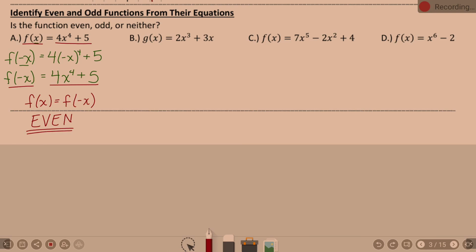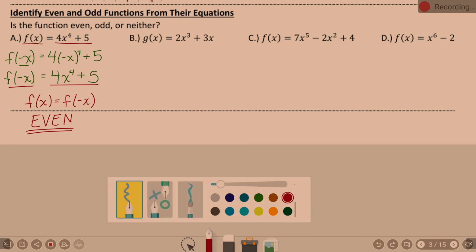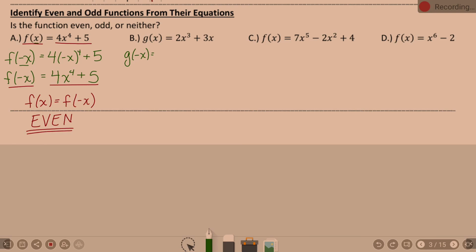Okay, let's look at the next one. G of x equals 2x cubed plus 3x. First thing I'm going to start with is g of negative x. Okay, g of negative x.